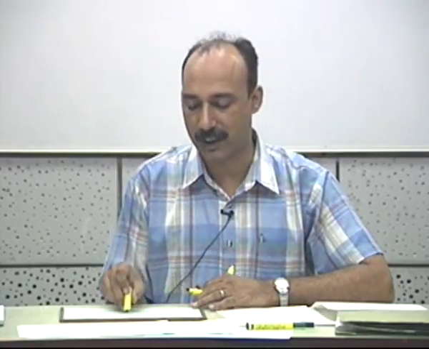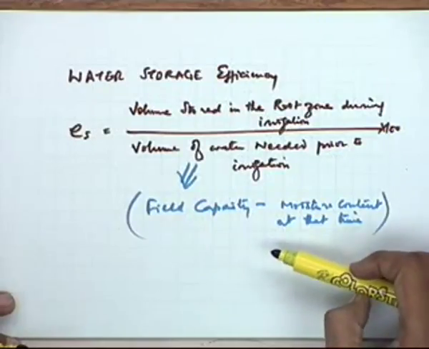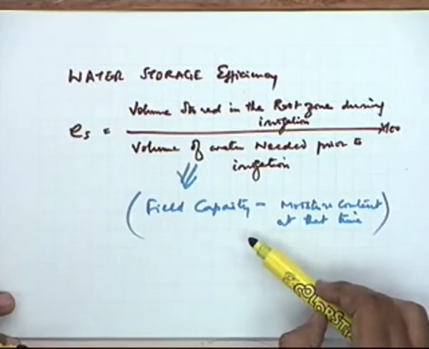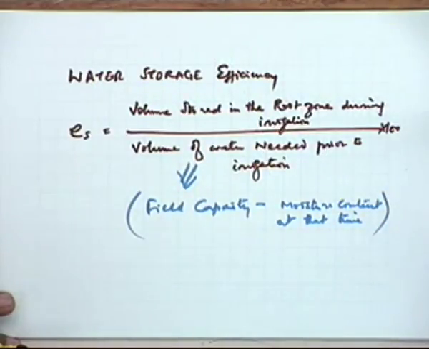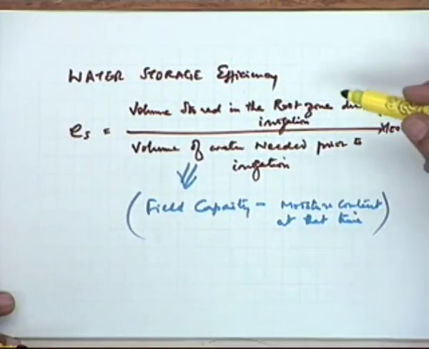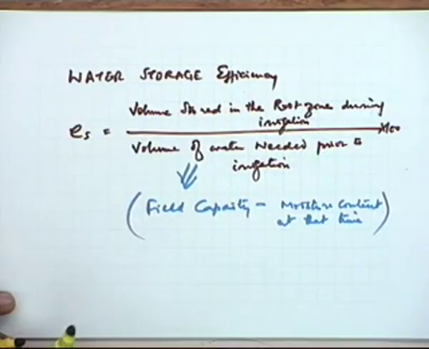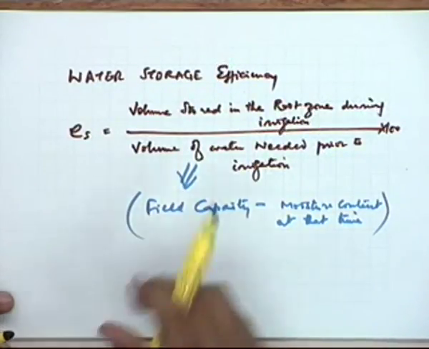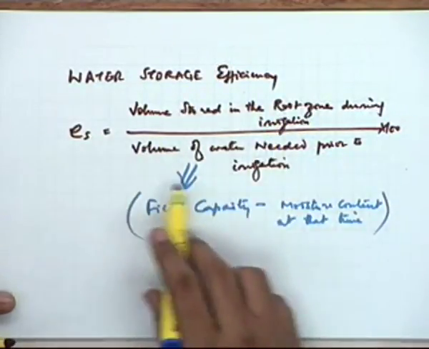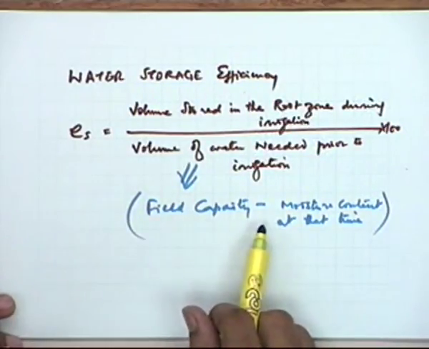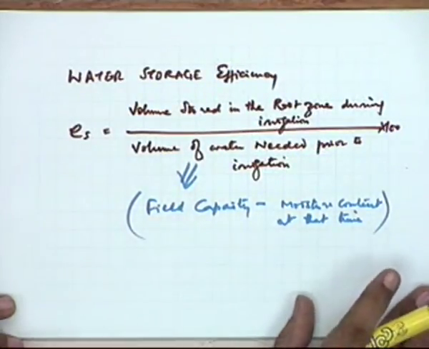So it is subject to the situation where you are trying to bring it to field capacity, but it is not coming to that level for some other reasons, or you want to find out how effectively the storage has been made in the process of irrigation in the root zone, with the assumption that you want to bring it to the field capacity level.